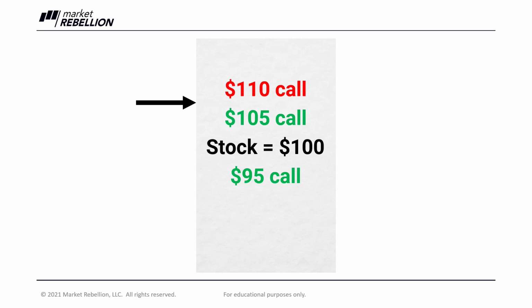Now let's say that sometime before the expiration, the stock price falls and closes below the lowest strike. Again, it's important that it closes there. If it does, now the 105 call is out of the money, the 95 is out of the money, and a new in the money strike will get listed. So now we'll see the 90 call get listed. That's the basic reason why strikes will get added, and why the list can grow.